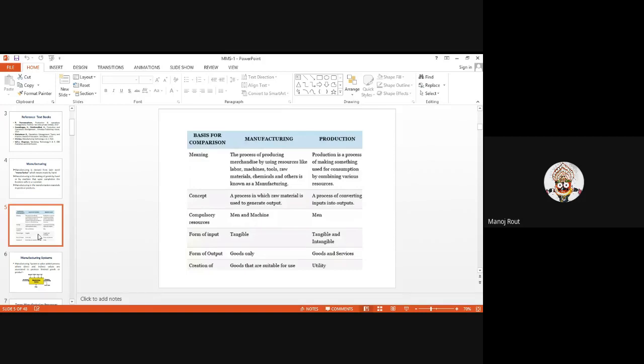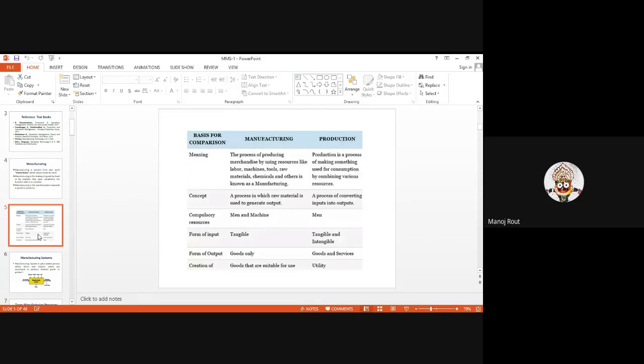So manufacturing is conversion of raw material into merchandise using different kinds of resources, but production is making something used for consumption by combining various resources, or you can say it is the value-added process, which is known as production.